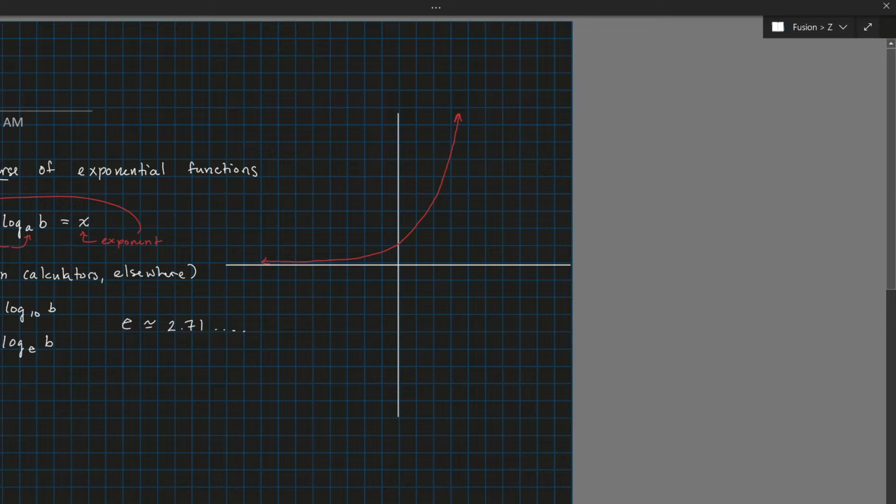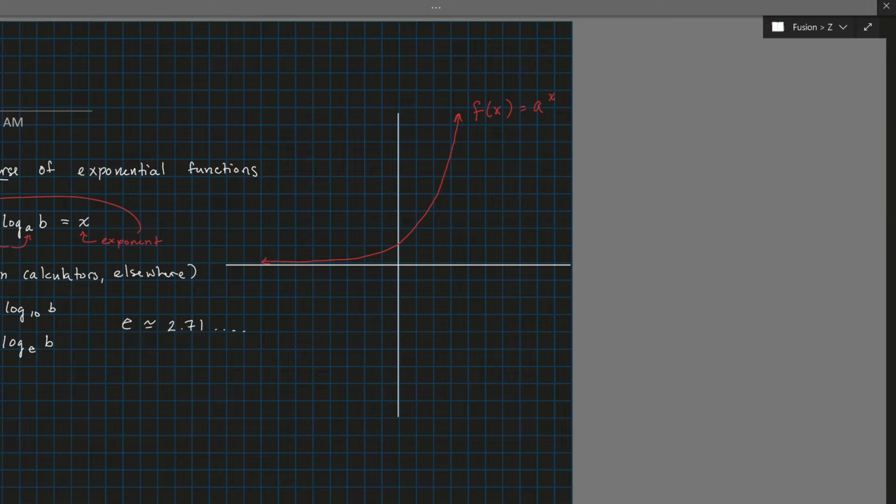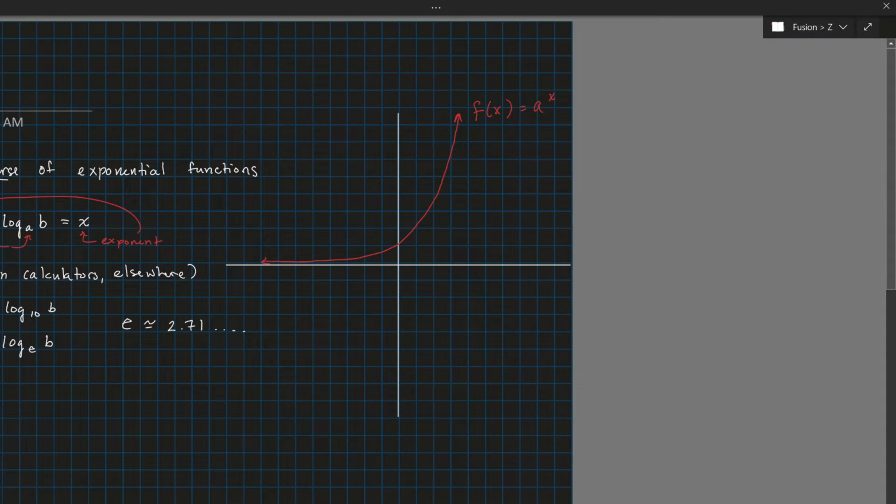This is like f of x equals a to the x with no transformations or anything like that. The log function looks like this.